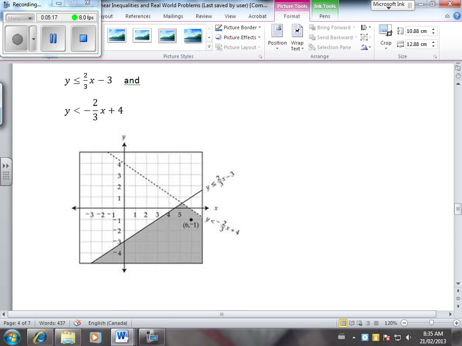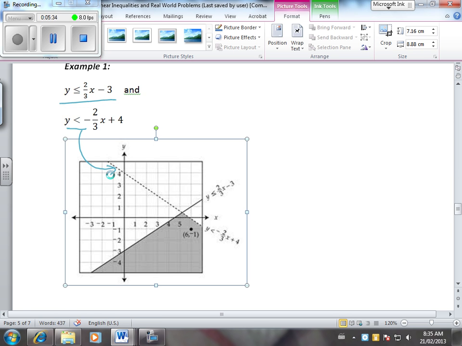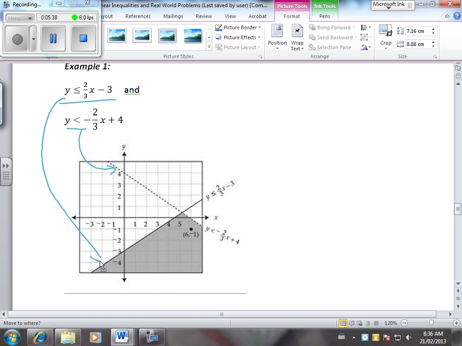So this is two inequalities graphed. We have y less than or equal to 2 over 3x minus 3, and y is less than negative 2 over 3x. Right away I'll know that this one is my dashed line because it's just less than, and that makes this one my solid line.